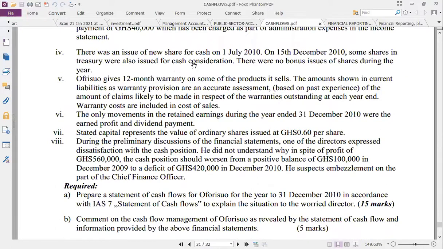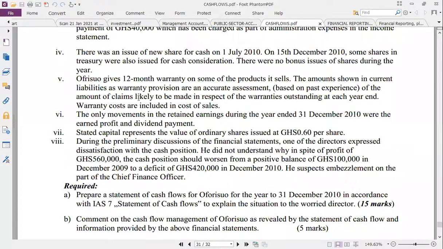Note 5. The company gives a 12-month warranty on some of the products. That goes to IAS 37 provisions and IFRS 15 revenue.